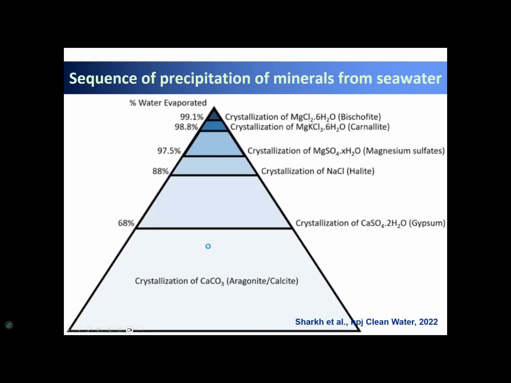This is the sequence of the precipitation of minerals from seawater. Calcium carbonate is initially easily produced, then you have calcium sulfate and sodium chloride, magnesium sulfate, magnesium potassium chloride, and magnesium chloride, and finally you can try to make a sequence of this precipitation.